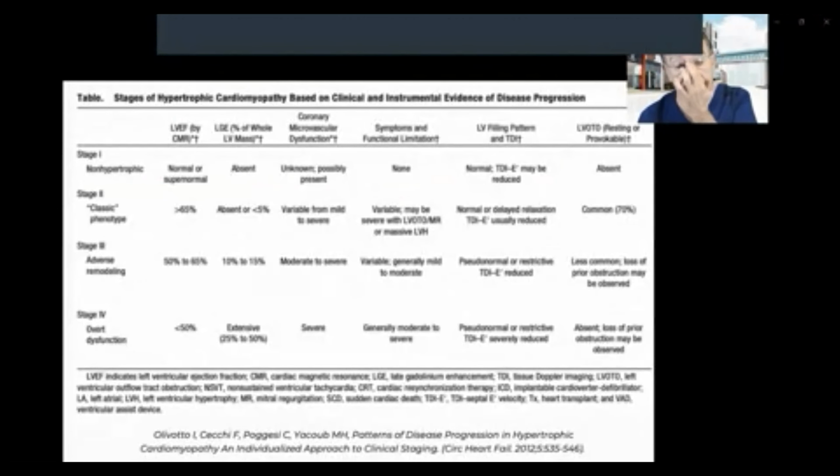The other point to remember is that patients with hypertrophic myocardiopathy develop, over time, stages that can produce different symptomatology.